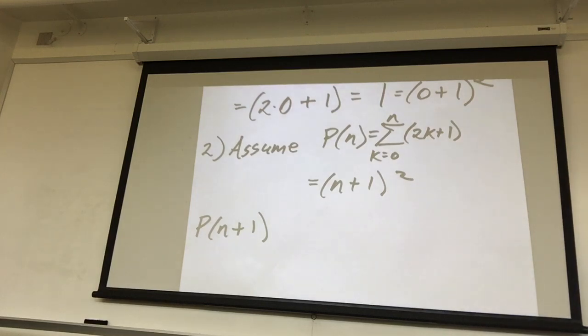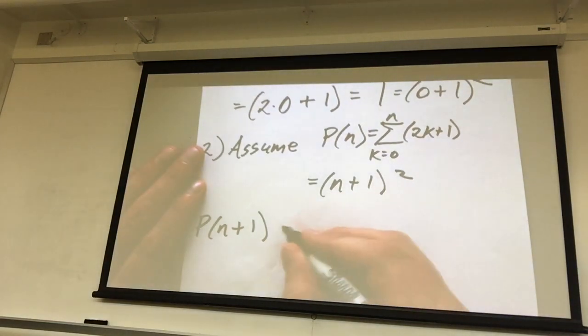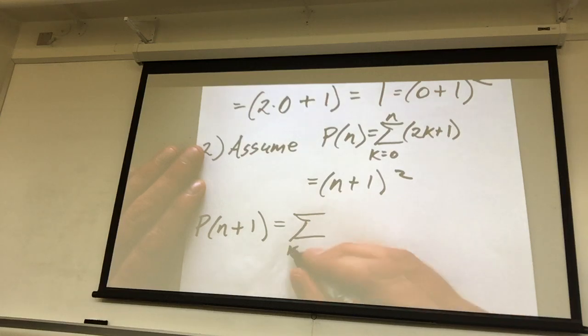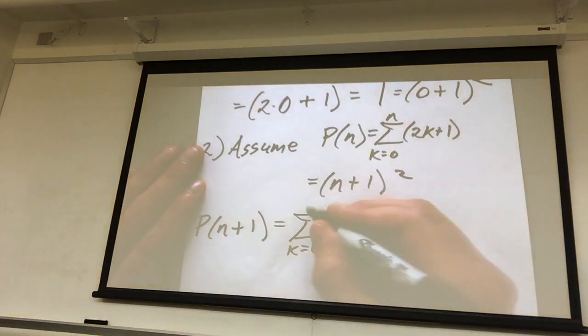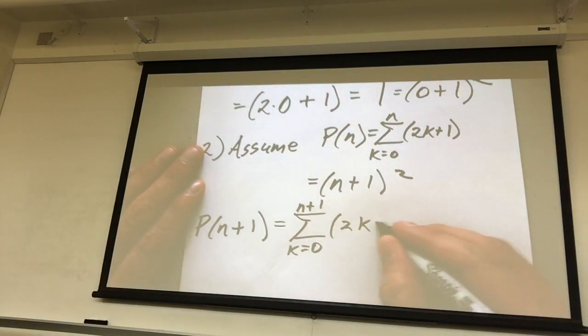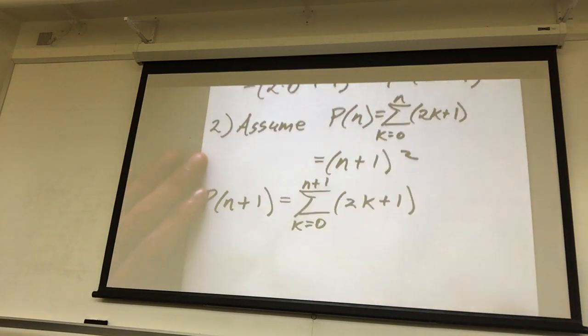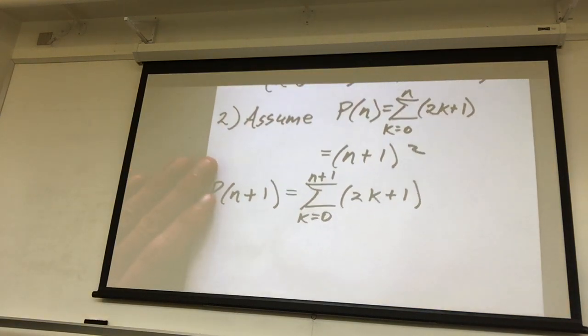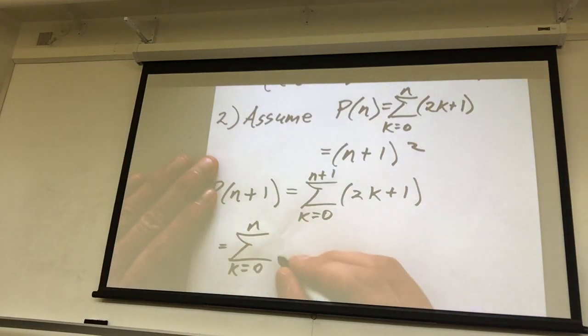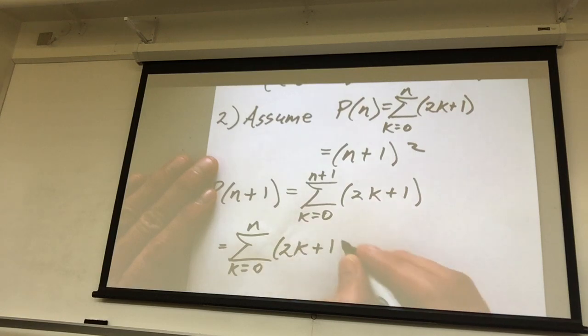So, what would P of n plus 1 be? That's going to be the sum k equals 0 to n plus 1. Okay. So now we're just going to have to go one step further. Let's say that this is going to equal the sum k equals 0 to n of 2k plus 1.